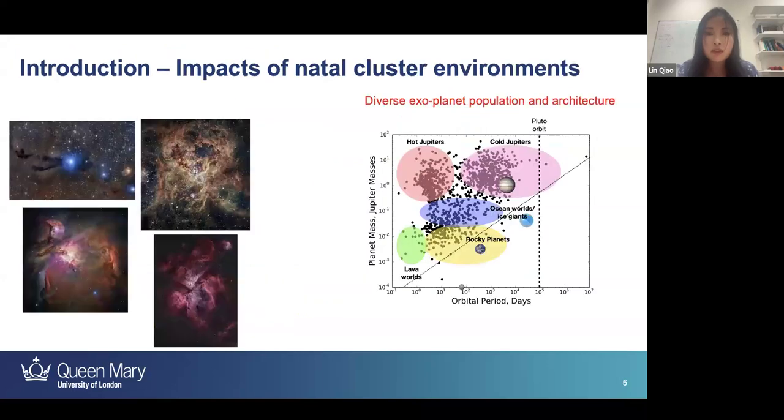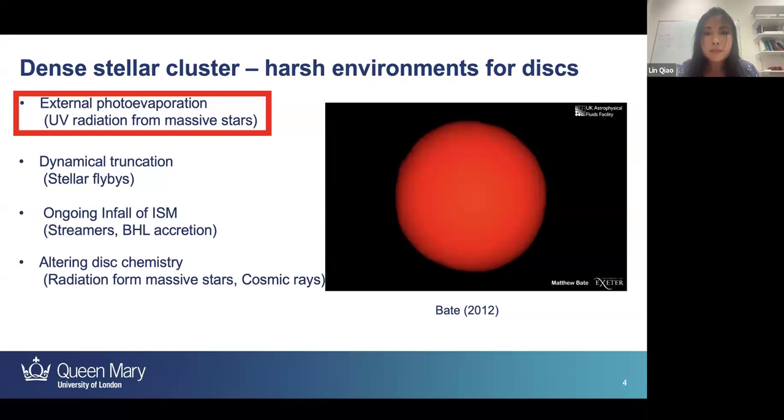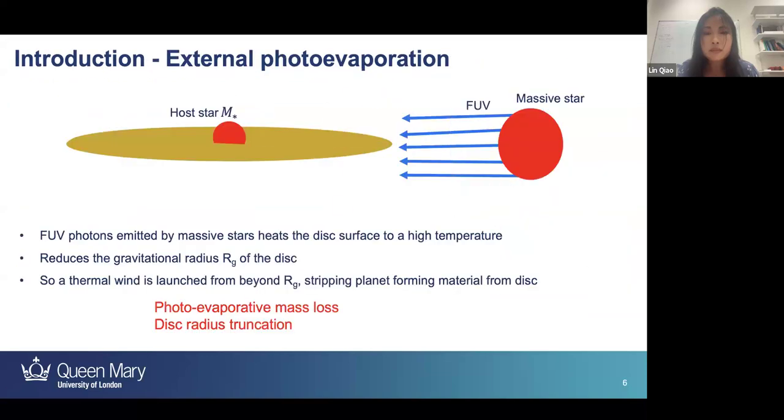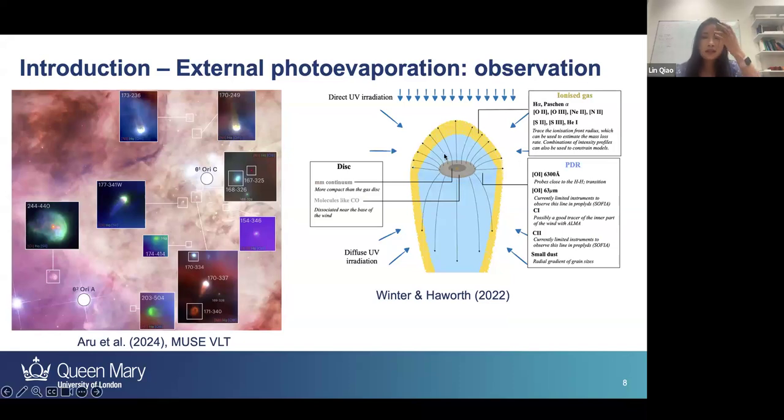Okay, I'm trying to find the slides. Oh, there you go. So the FUV photons are only able to penetrate to the disk surface and then launch a neutral PDR wind. So they wouldn't be able to penetrate further into the disk.